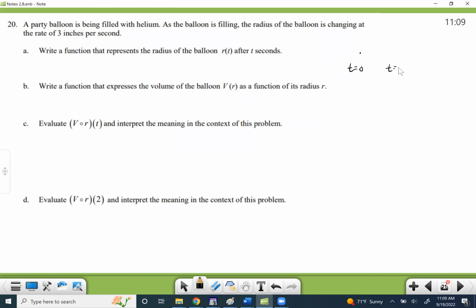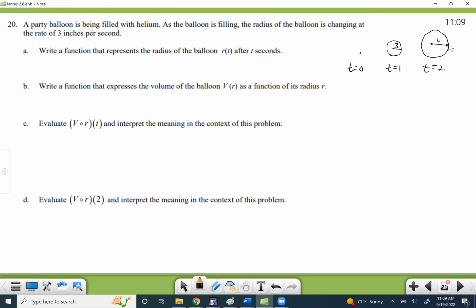So a second later, we would expect our balloon, pretend it's spherical, to have a radius of 3 because it grew 3 inches. Then a second later, it's changed another 3 inches. So now it should be 6 inches for our radius, etc. So it starts off at 0, it's 3, it's 6, it's 9, it's 12.